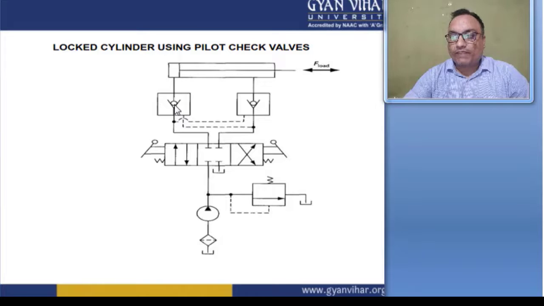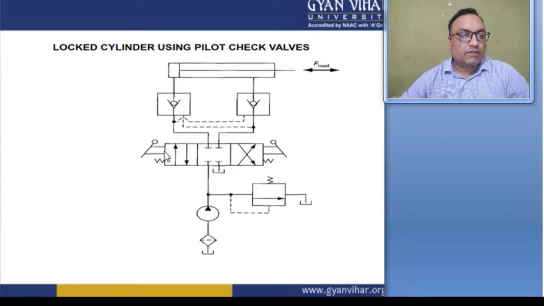Here the main importance of the check valves is only for locking the cylinder. A pilot operated check valve permits flow in the normally blocked opposite direction when pilot pressure is applied at the pilot pressure port of the valve.